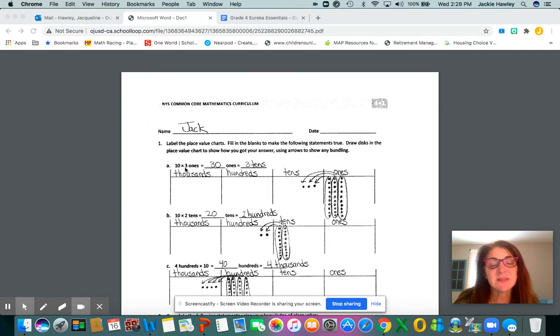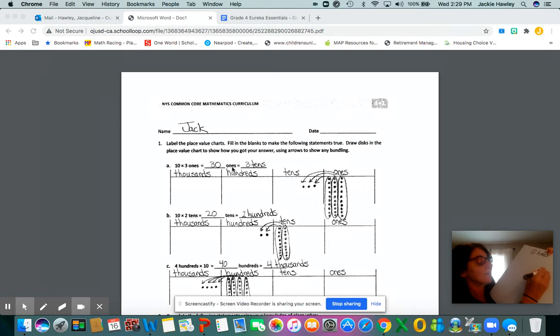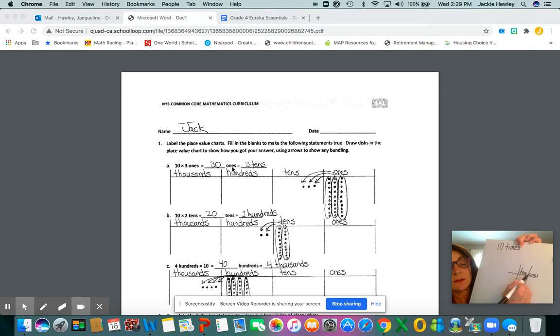So 10 times 3, you guys might know that pretty easy. 10 times 3 ones, though, makes it a little confusing, even though it means the same thing. 10 times 3 ones equals 30 ones. Because if we have, again, we'll just do tens and ones, it's saying 10 times 3 ones.